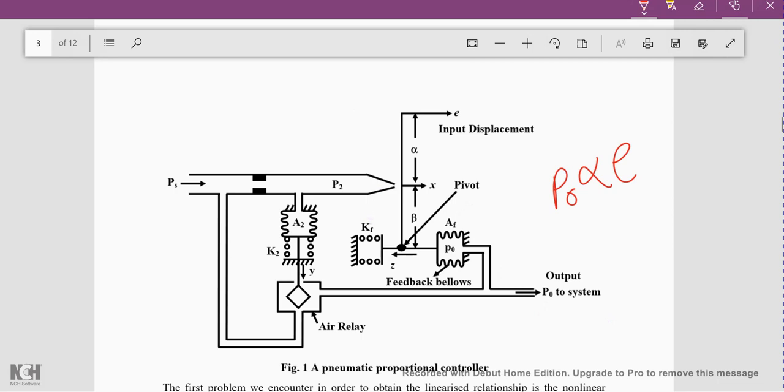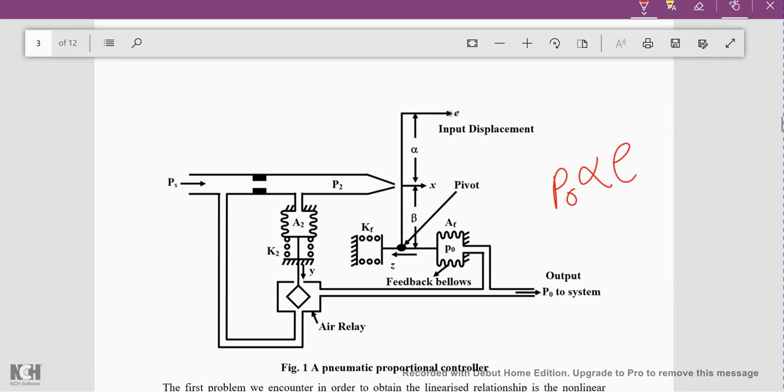Now to understand the working of this proportional controller, let us consider that the position of this flapper nozzle amplifier will be fixed, either with the help of the electronic pneumatic control signal converter that we had already seen, or with the help of two bellows, which can also be used to balance it at a particular level.